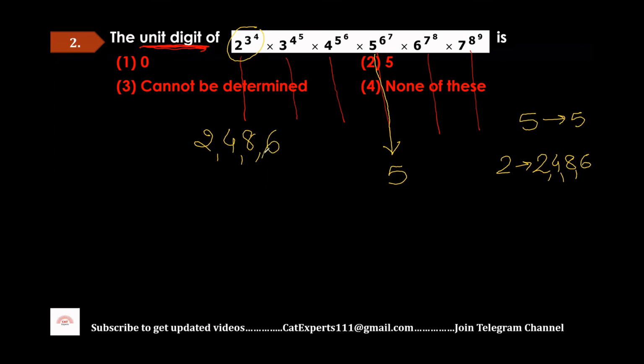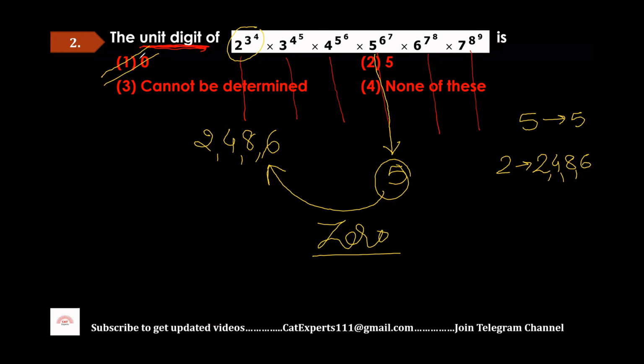Forget about what is the actual answer, but it has to end in 2, 4, 8, 6. 5 into any even number should result in 0 at the units place, right? And how many options are there? Is there any option ending with 0? Yes. So I can say option number 1 is going to be the right answer.